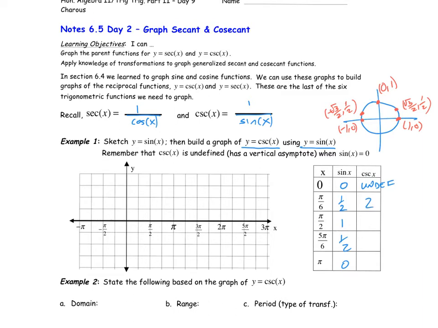Cosecant of pi over 2 is going to be the reciprocal of 1, which is 1. Cosecant of 5 pi over 6 is going to be the reciprocal of 1/2, which is 2. And cosecant of pi is going to be the reciprocal of 0, so 1 over 0, which is undefined.